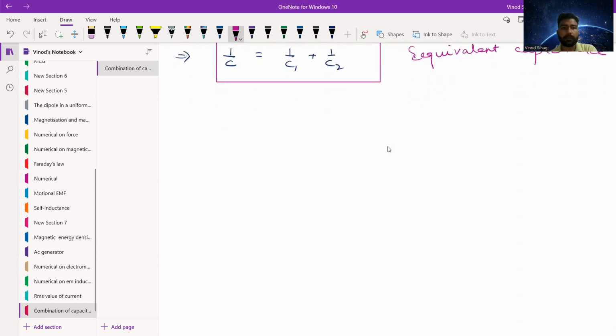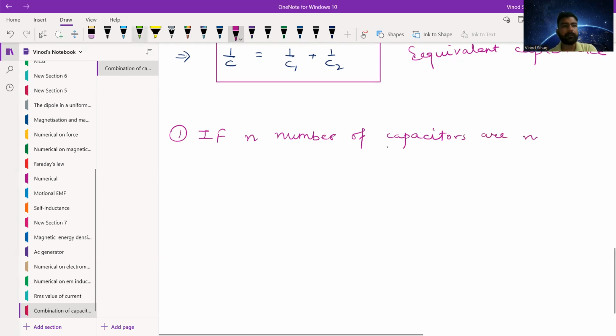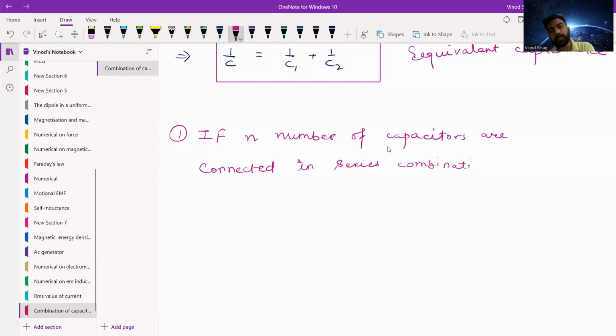Now, let's have one case: if n number of capacitors are connected in series combination, then what will be the equation?